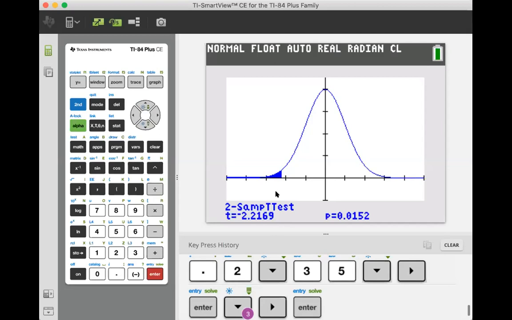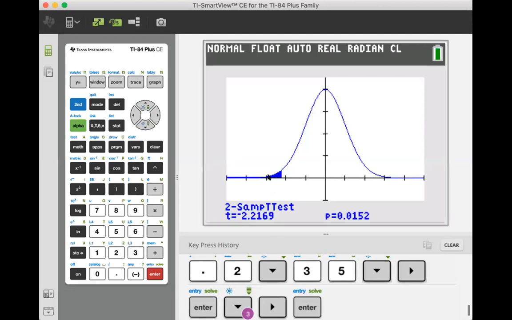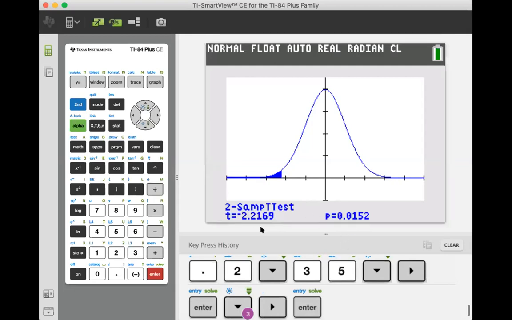And we see a very small area underneath the curve to the left of the test statistic, which is negative 2.217. The p-value is small. That's that area right there. It's the probability of observing a value of the test statistic farther from the mean than what we actually saw, which was negative 2.217. So 0.0152 is a pretty small p-value.